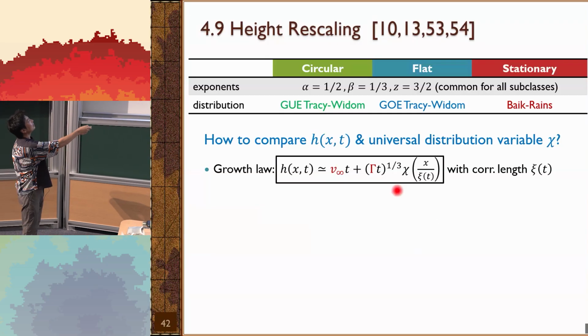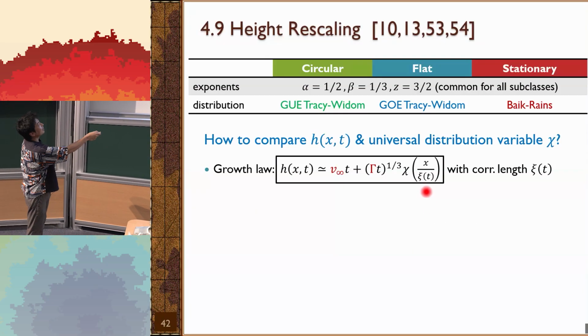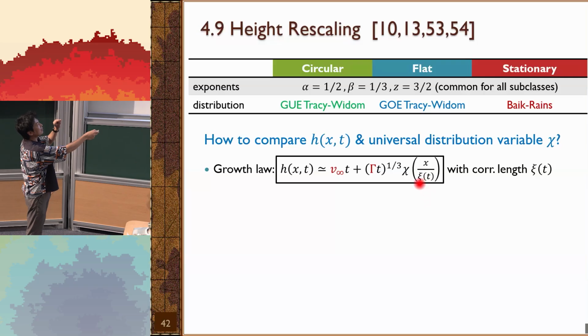There is a formula for this correlation length xi, but this xi grows with the power of t to the 2/3 in the 1D KPZ class.